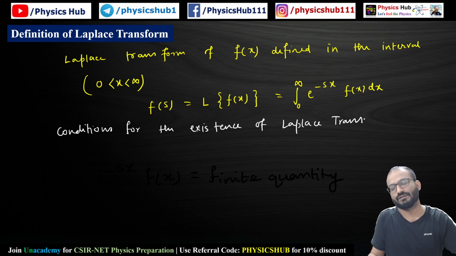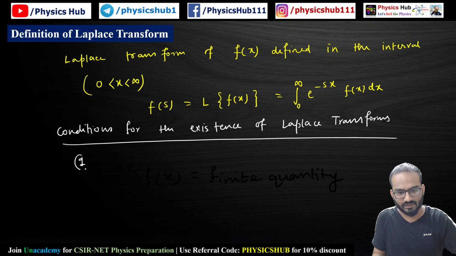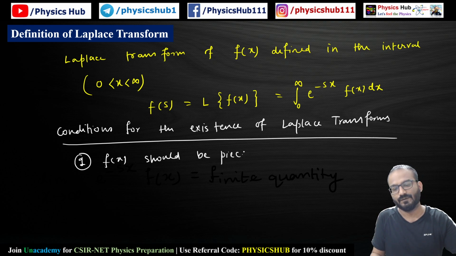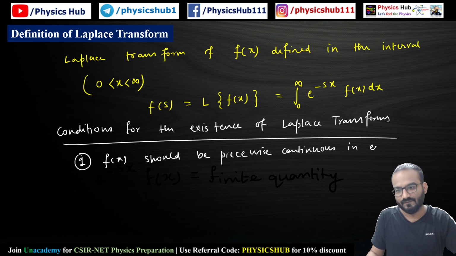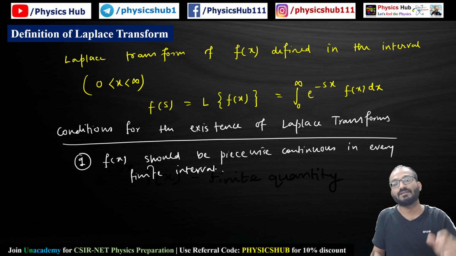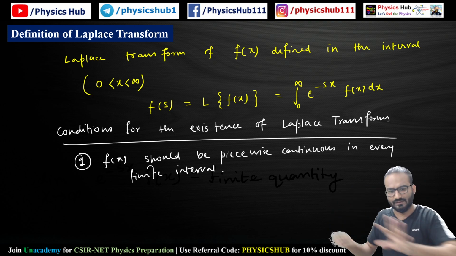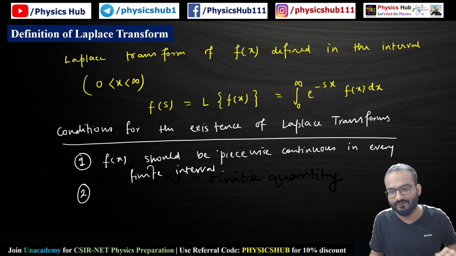What are those conditions? First of all, this function f of x should be piecewise continuous in every finite interval. This is the first condition. And what is the second condition? It is quite evident from this.